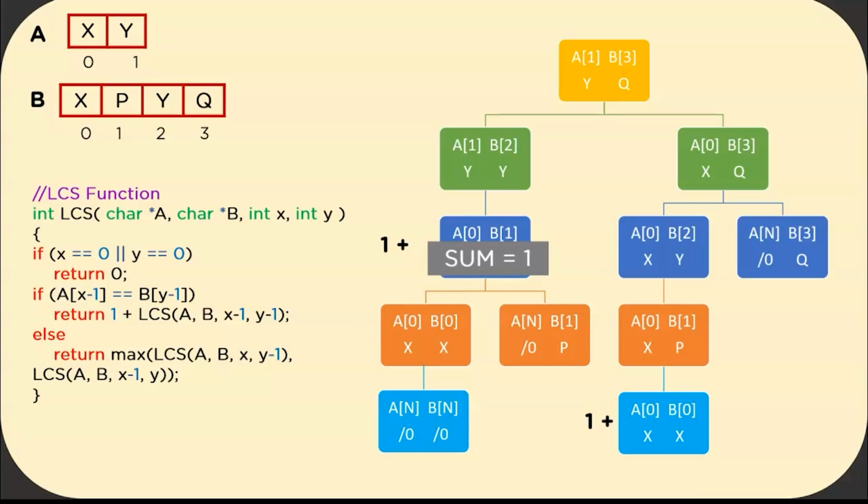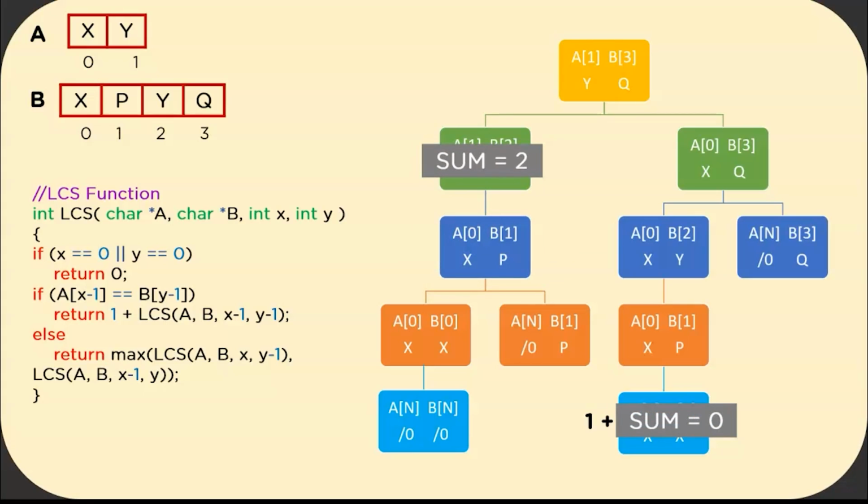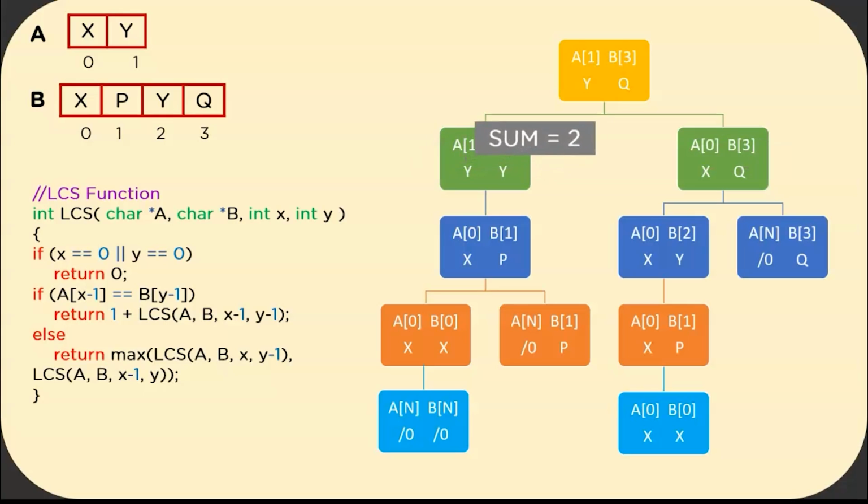Thus, the sum value will become 2 here. And the overall sum for the left side of recursive tree will result into 2. Whereas for right side, the sum will become 1 as there is only one match. Now, the side which has maximum sum value will be returned as a result of this LCS program, which will be 2 in this case.